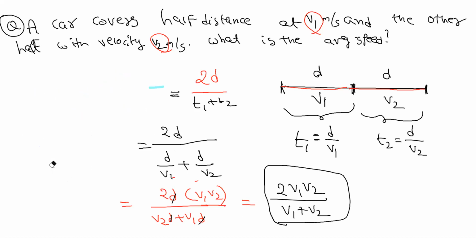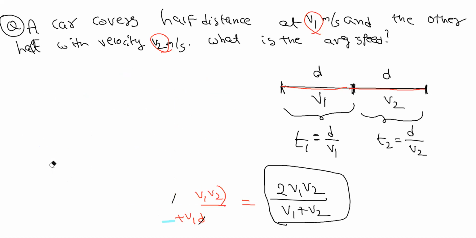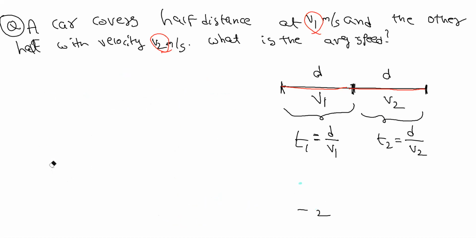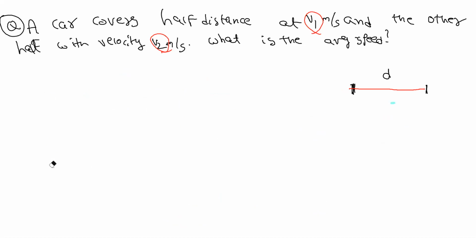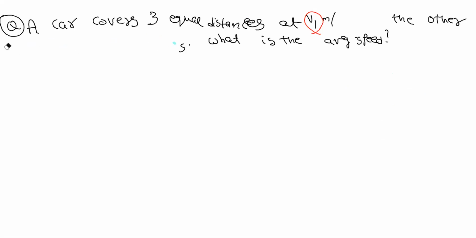Now the same question, if you do like this, now you tell how to do. Let us suppose a car covers 3 equal distances at v1, v2 and v3. v1 meters per second, v2 and v3.